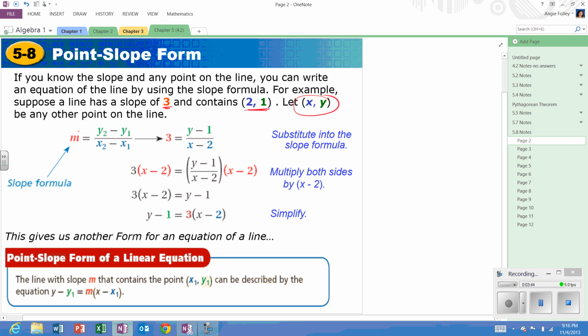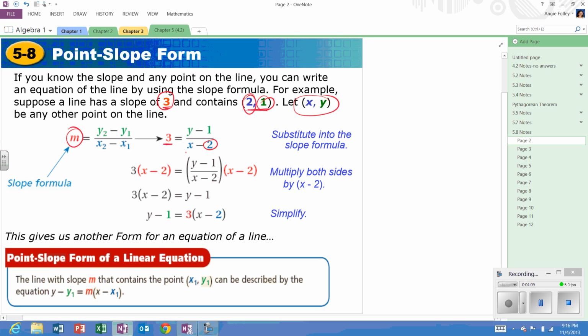So we know that the slope formula, m, is equal to y2 minus y1 over x2 minus x1. We can set that equal to our slope, which in this case, they told us was 3. So 3 is equal to y minus 1. We're going to plug in our y1, over x minus 2. We're going to plug in our x1.